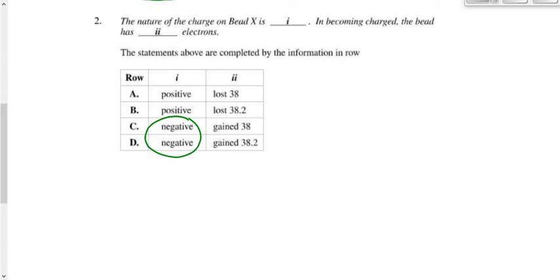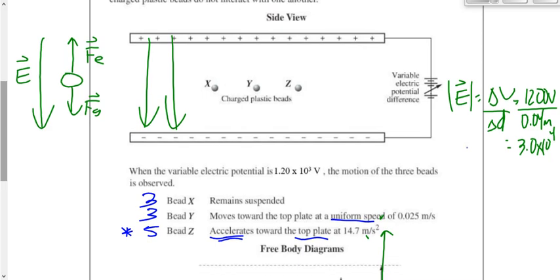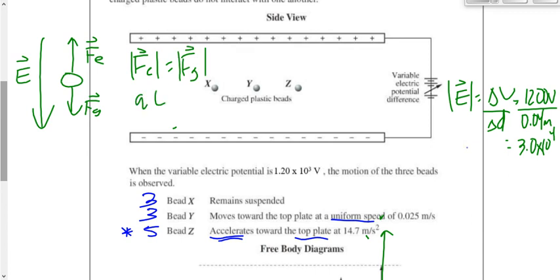38 or 38.2? Well, let's do our analysis here. We're going to say Fe equals Fg. Q times E is equal to mg. Q is equal to mg over the electric field.